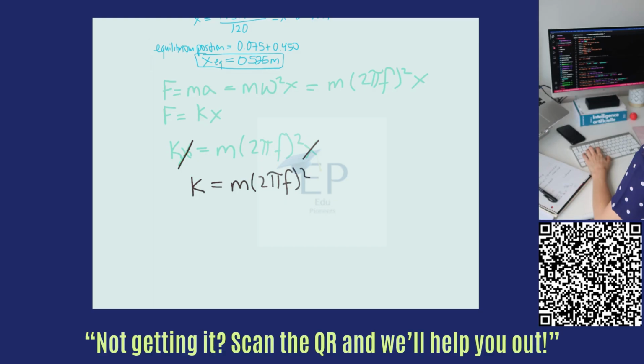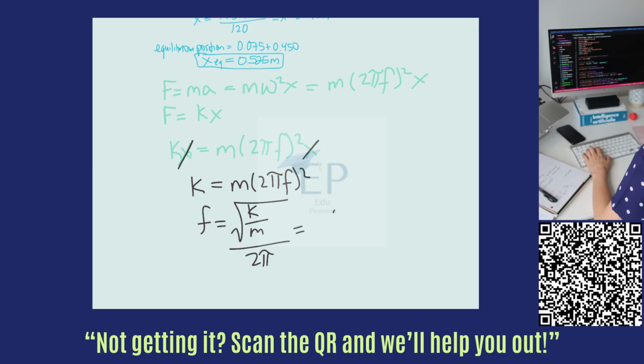Now we want to solve for frequency, because finding the frequency will get us closer to being able to figure out the period. So solving for f, when we rearrange this equation, we have f equals square root of k divided by m, divided by 2 pi. And we can substitute in our known values here.